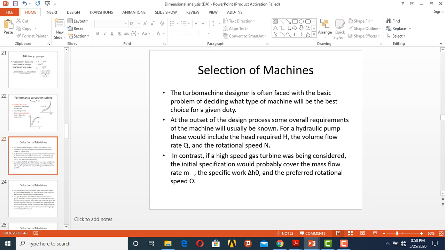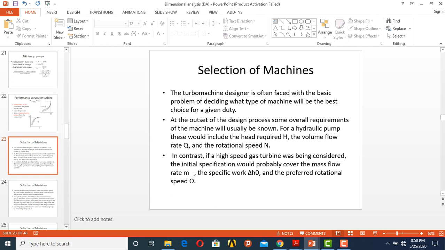Now we have come to an important part of our discussion, especially in dimensional analysis: the selection of a machine. This part reflects on how you go about selecting the machine. This one is very key.